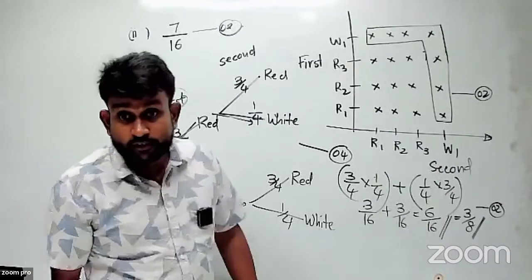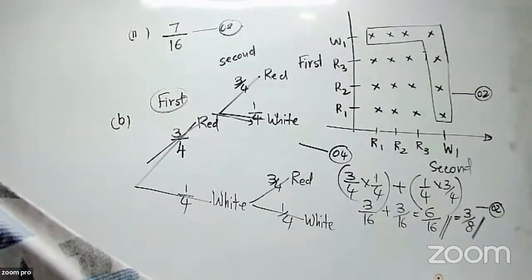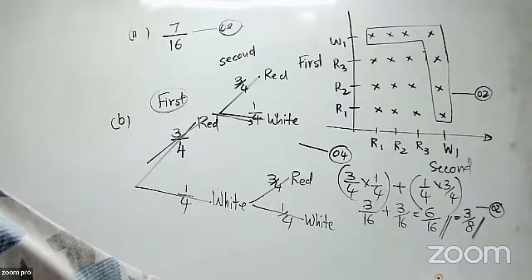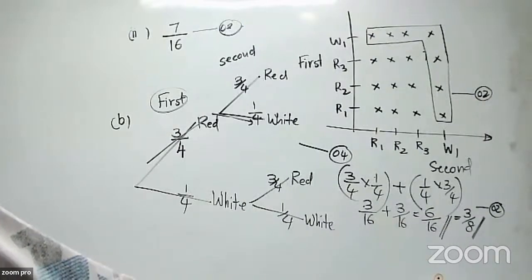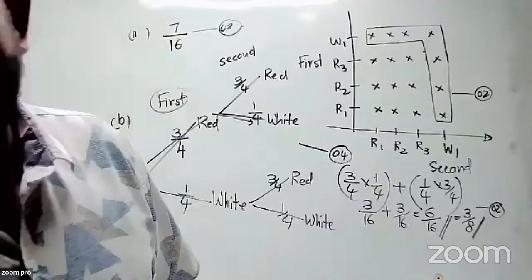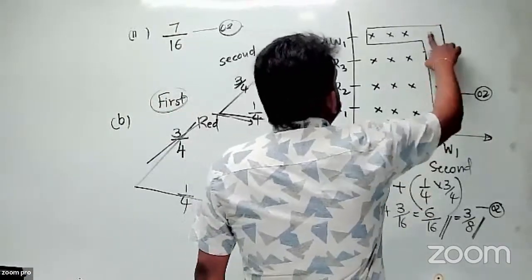Which one? 7 upon 16? Is that correct? Ah, yes, yes. My mistake. Right. Yes, white, red, this is missing.